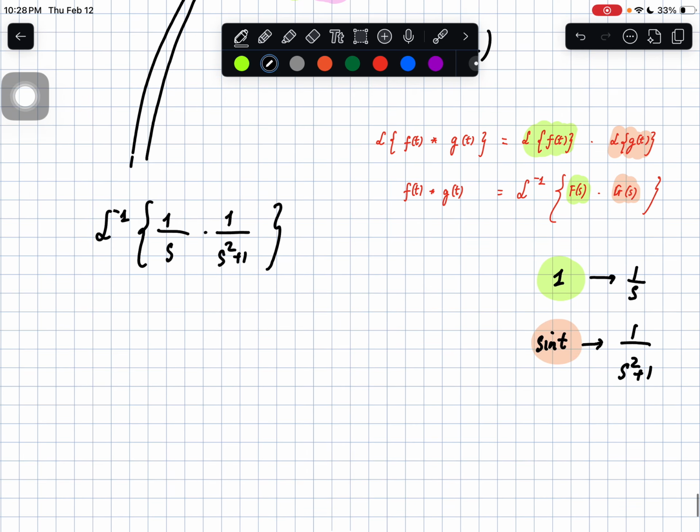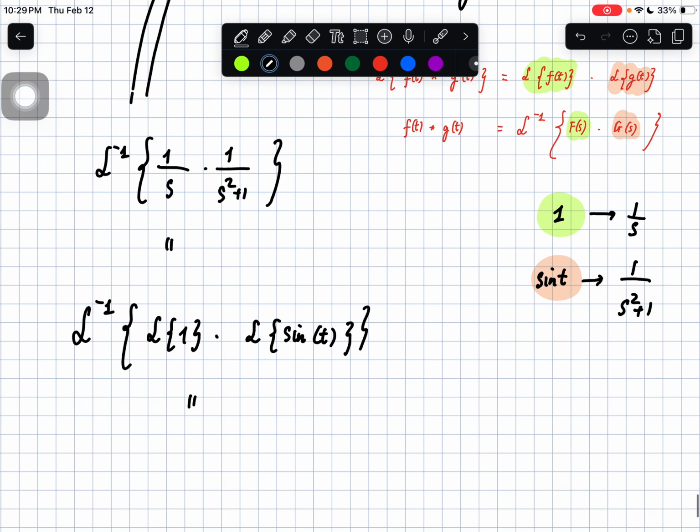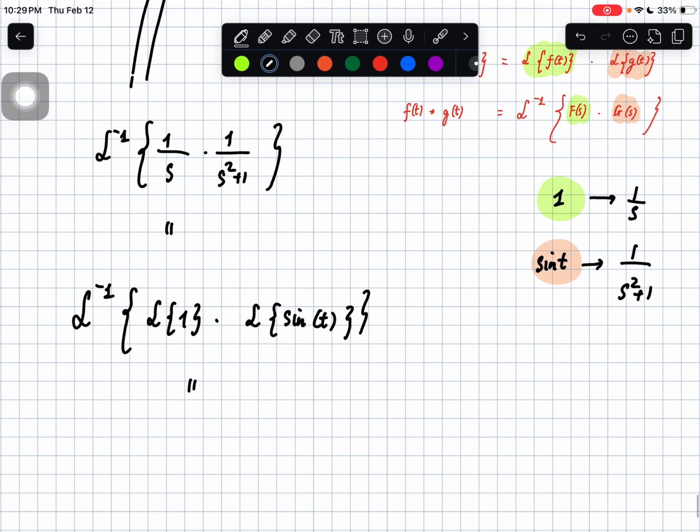You can write it as the inverse transform of the Laplace transform of 1 times the Laplace transform of sine t. By the convolution theorem, this is the function f(t) star g(t), the convolution of 1 and sine t.